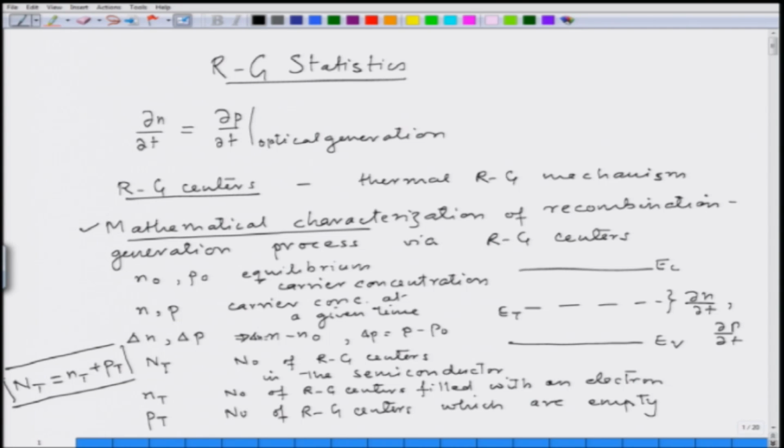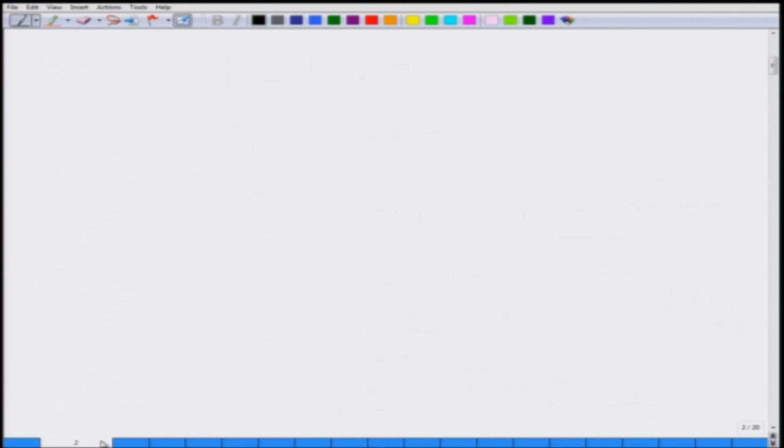Having defined this, let us look at how we are going to look at these processes. We are interested in finding out what would be the change, because of the R-G processes, in the electron concentration with time, delta n over delta t, and in the hole concentration with time. So, what are the processes that are happening because of these R-G centers? Let us look at it in detail.